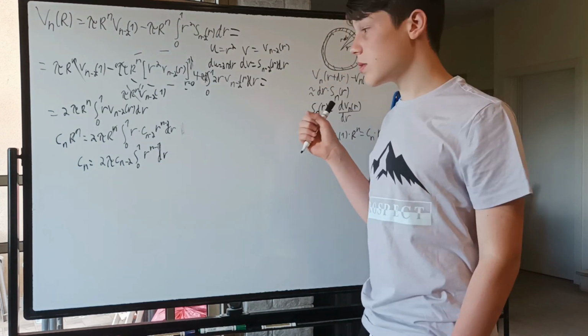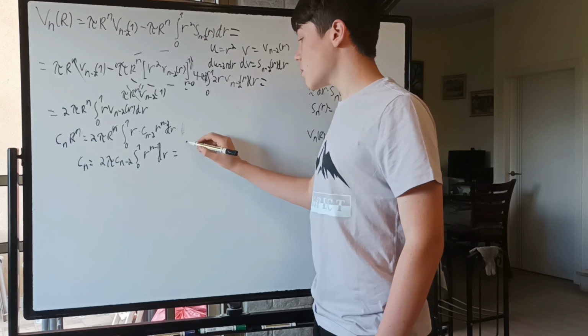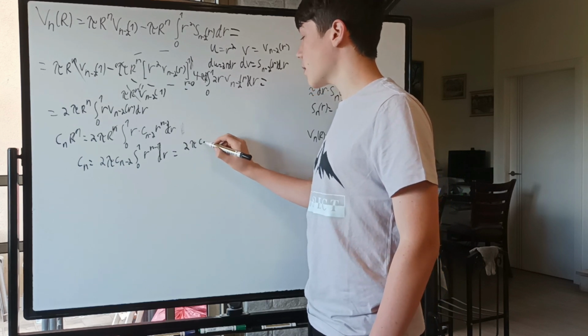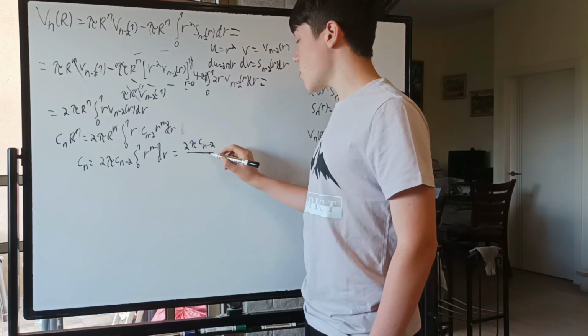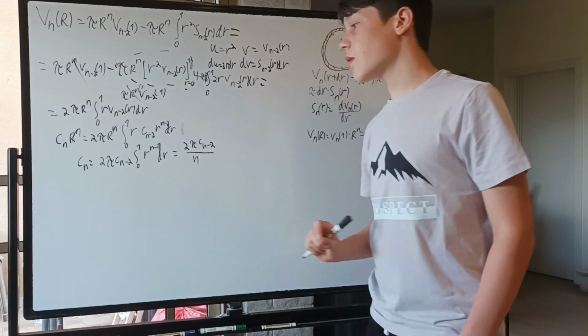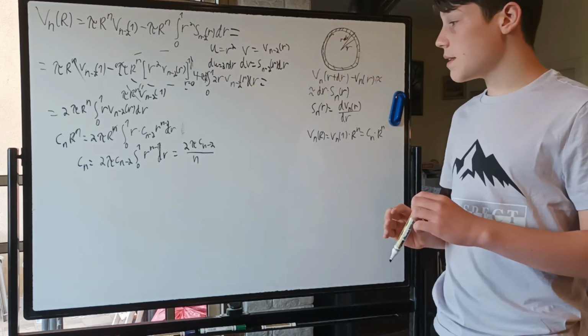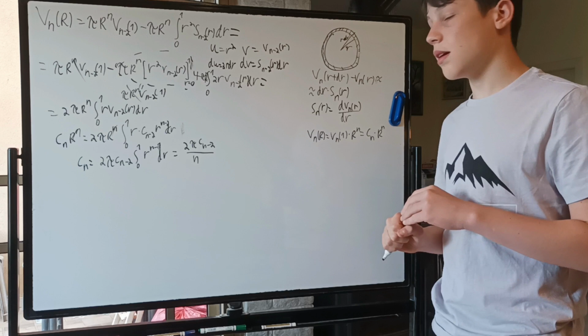From 0 to 1, this will be 1 over n. So in total, this is 2 pi C_{n-2} over n. Now we have a reduction formula for C_n, and now we can find it.